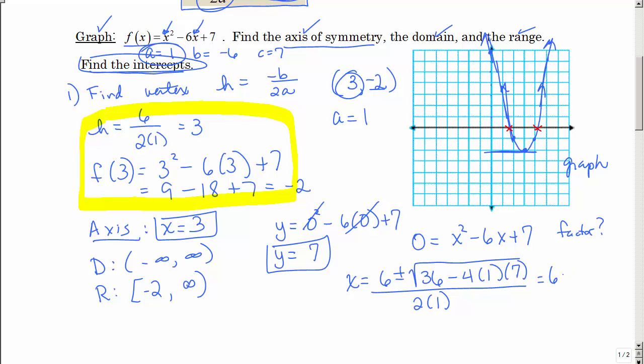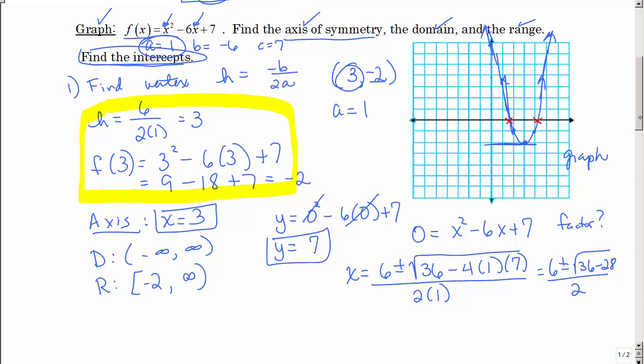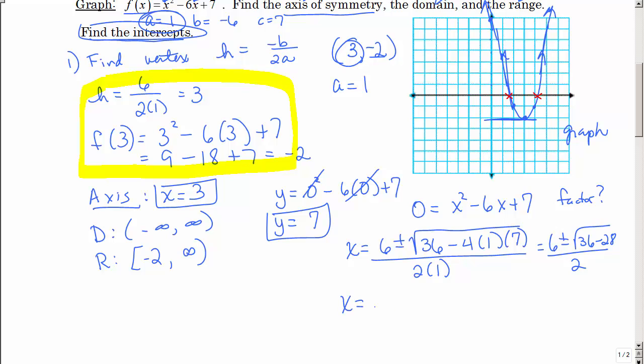So we have 6 plus or minus the square root of 36 minus 28 over 2. So that's negative, nope, that's positive 6, sorry about that, plus or minus the square root of 8 over 2. Need to simplify that 8.